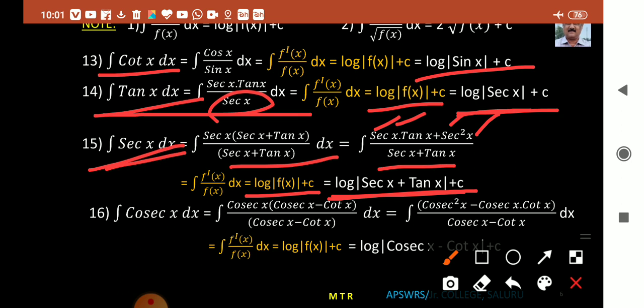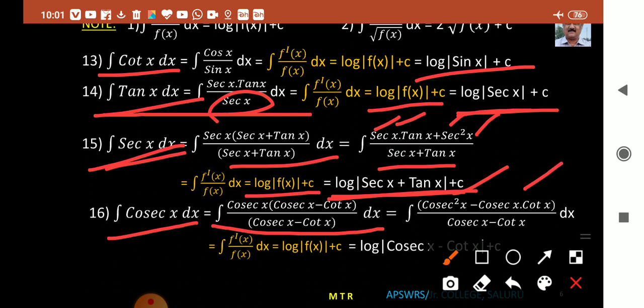Now let us see integral cosecant x dx. In the same manner, multiplying with cosecant x minus cot x. So cosecant x into cosecant x minus cot x by cosecant x minus cot x. Multiplying the brackets of the numerator: cosecant x into cosecant x is cosecant square x minus cosecant x into cot x, by cosecant x minus cot x.